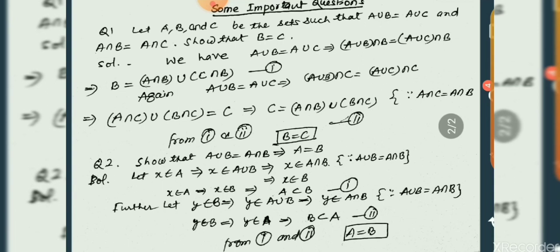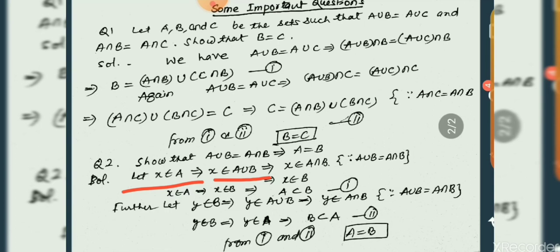A union B is equal to A intersection B. So let X belong to A. This will imply X belongs to A union B. Why? Because if X belongs to A, then certainly X will be the element of A union B, because A union B is the collection of all elements of A or B, means all the elements of A will be present in A union B. So X will be there.